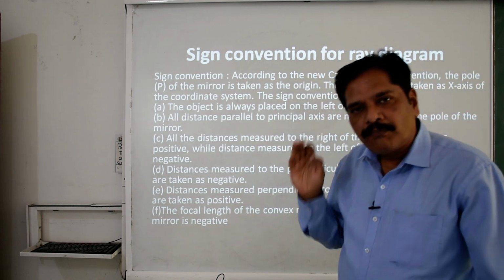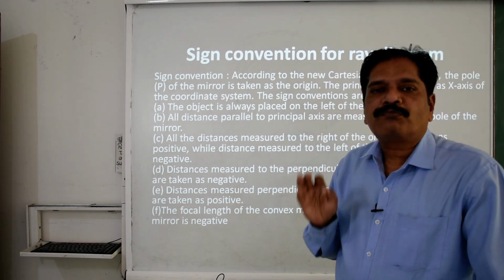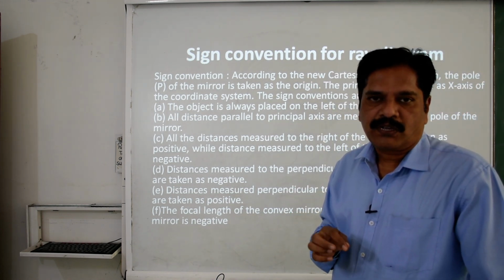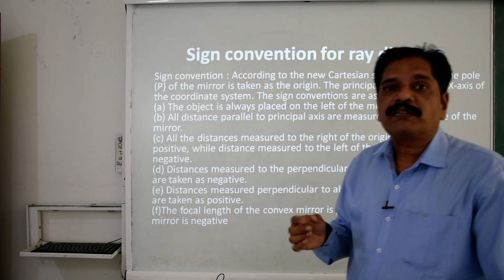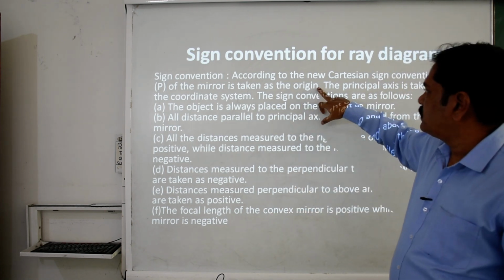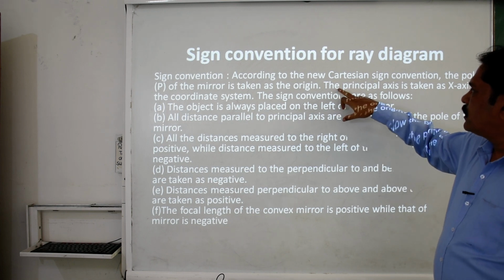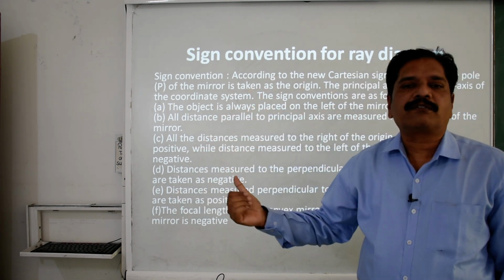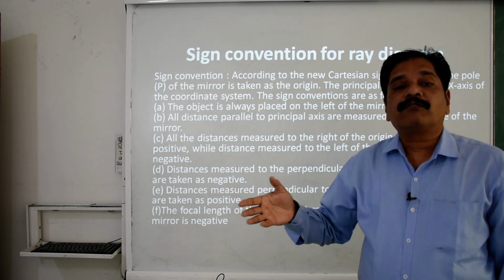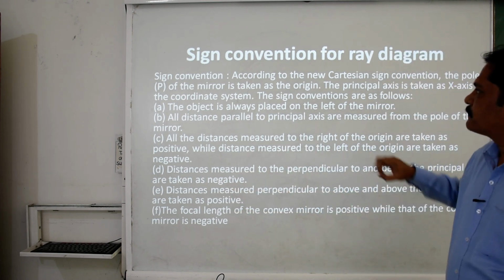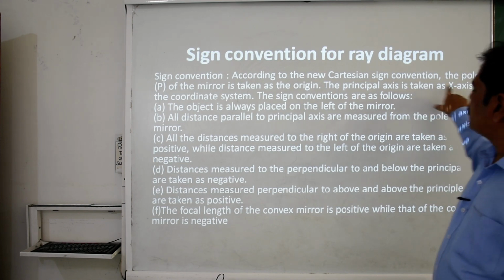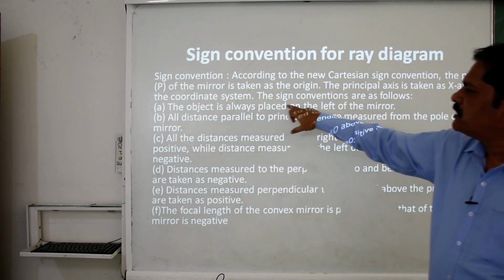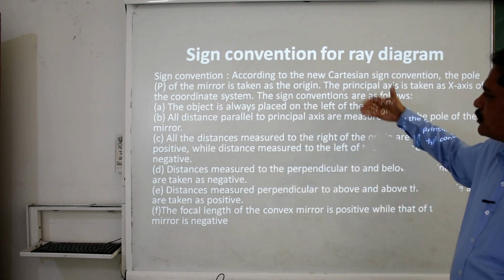Remember, if you want to measure any distance, the origin point will always be the pole of the mirror. When we talk about lenses, later we will discuss that it will be the optical center of the lens. Now the principal axis is taken as the x-axis of the coordinate system, and the sign conventions are as follows.